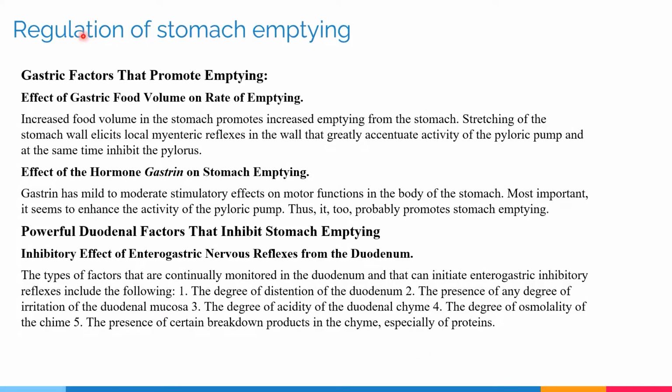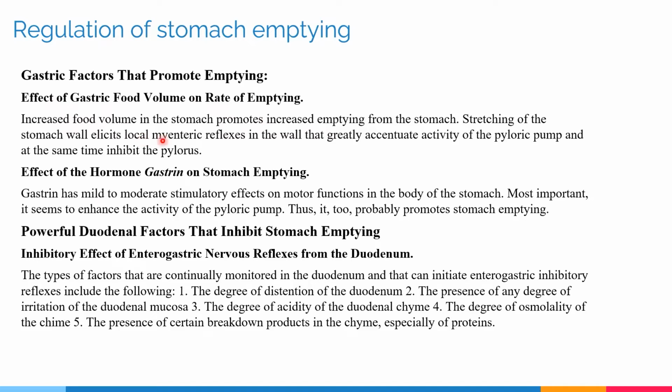Next, we look into the regulation of stomach emptying. The first factors involved in the regulation of stomach emptying that we'll look into are the gastric factors. The first gastric factor is the effect of gastric food volume on rate of emptying.